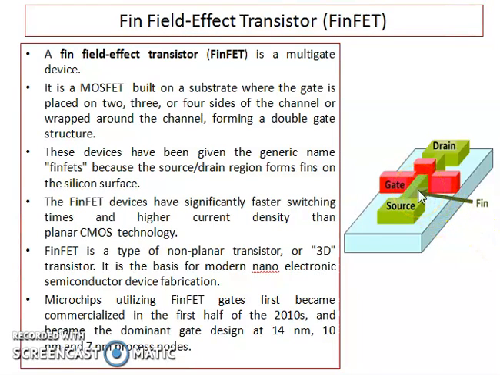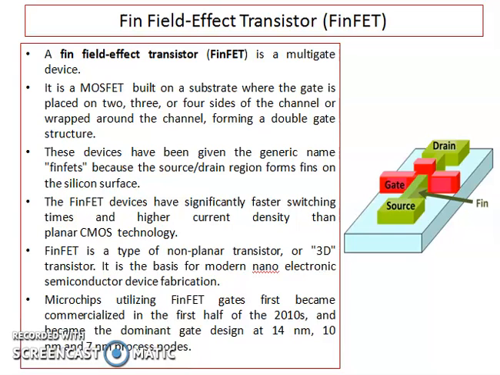the fins are formed between the source and drain, and we can find that the gate structure is on 3 or 4 sides. FinFET devices have significantly faster switching times and higher current density than planar CMOS technology. FinFET is a type of non-planar transistor, or we can say a 3D transistor.